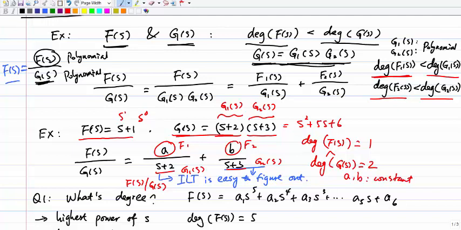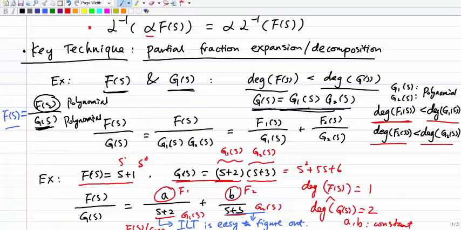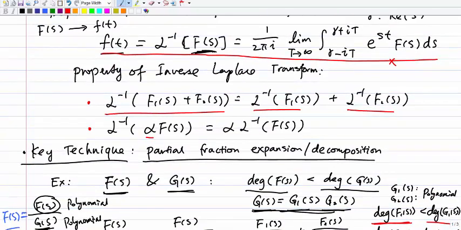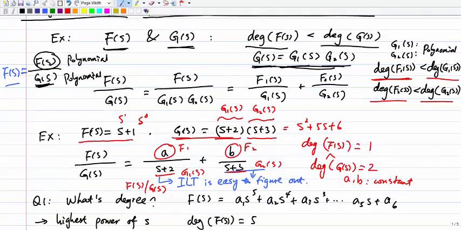The reason we do the decomposition is that, according to the linear property over here, if I want to compute the inverse of this, it's the same as computing the inverse individually. Apparently, individually each piece is easy to figure out. I'll talk about an example later on showing why it's quite easy to figure out the individual components.